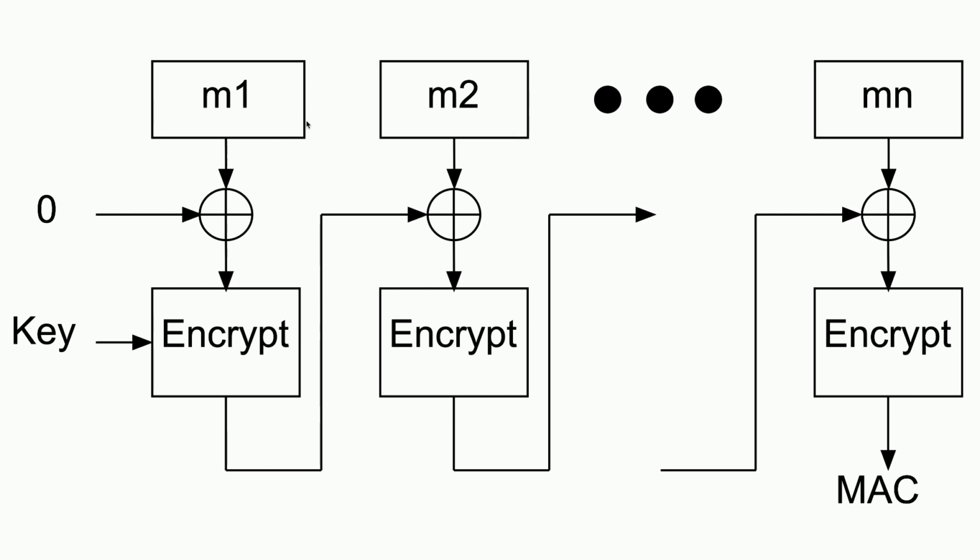And so every single bit that you've taken in is going to alter the MAC in a large way because it's being passed through the encryption block. And if you were to only have a single block, you would take some data, encrypt it with 0, XOR it with 0 so that you had the same thing, encrypt it, and this would be your answer.